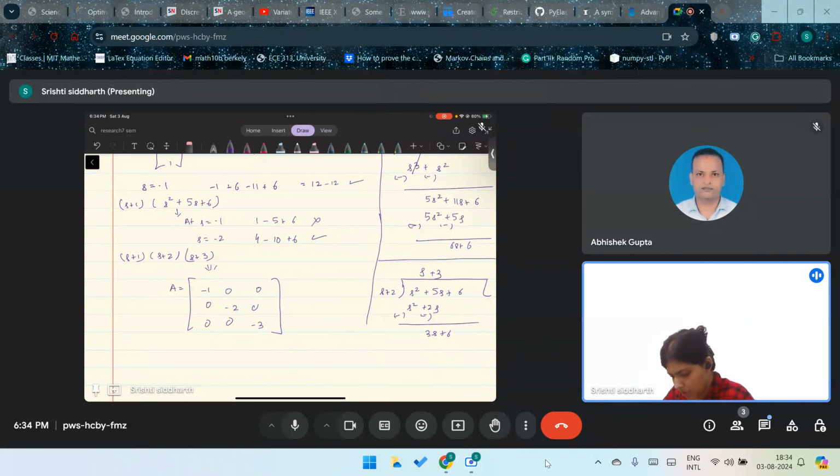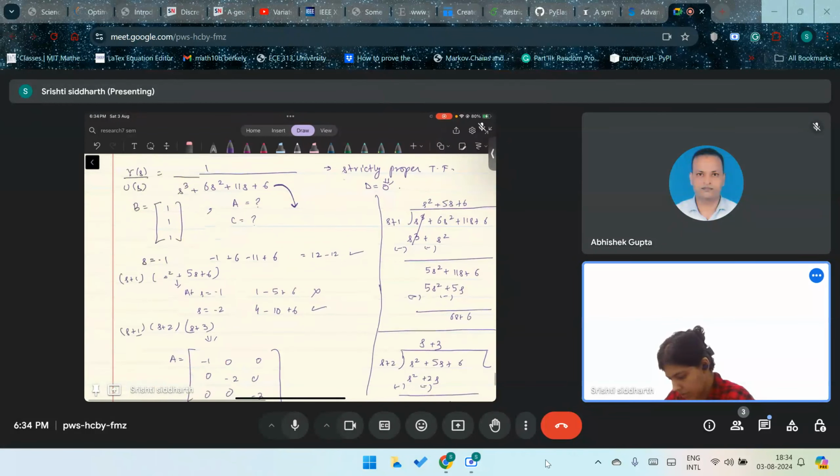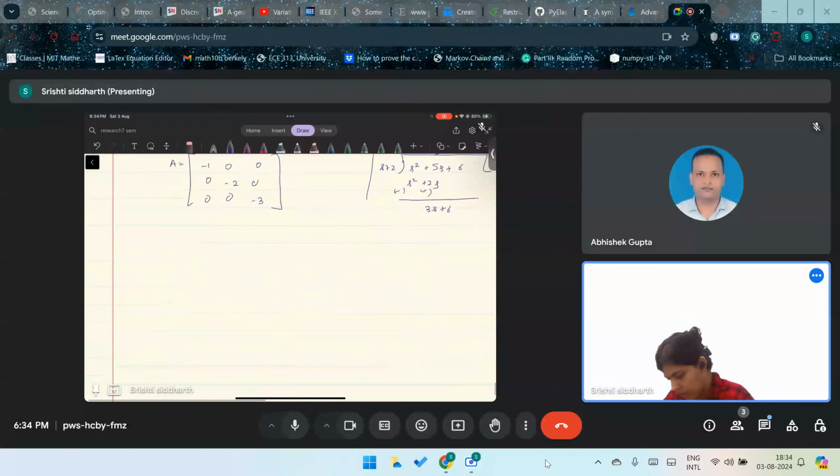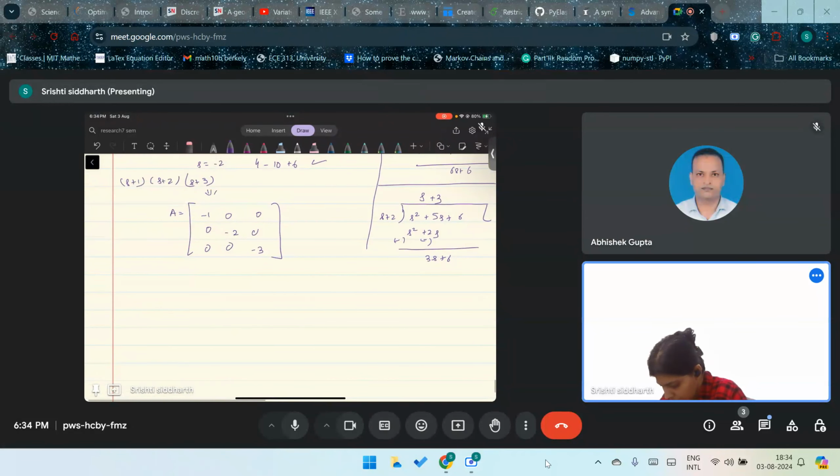Okay, so now let's quickly perform the partial fraction expansion. So we have 1 over (s plus 1)(s plus 2)(s plus 3) equals c1 upon s plus 1, plus c2 upon s plus 2, plus c3 upon s plus 3. So c1 is just 1 upon (s plus 2)(s plus 3), evaluated at minus 1.